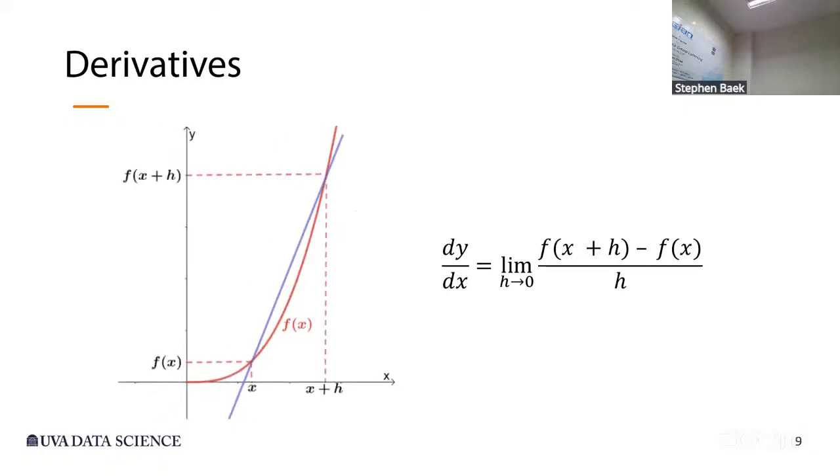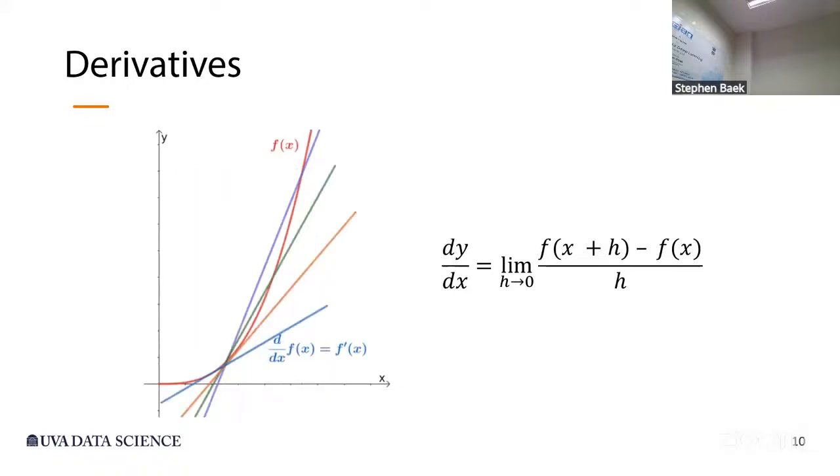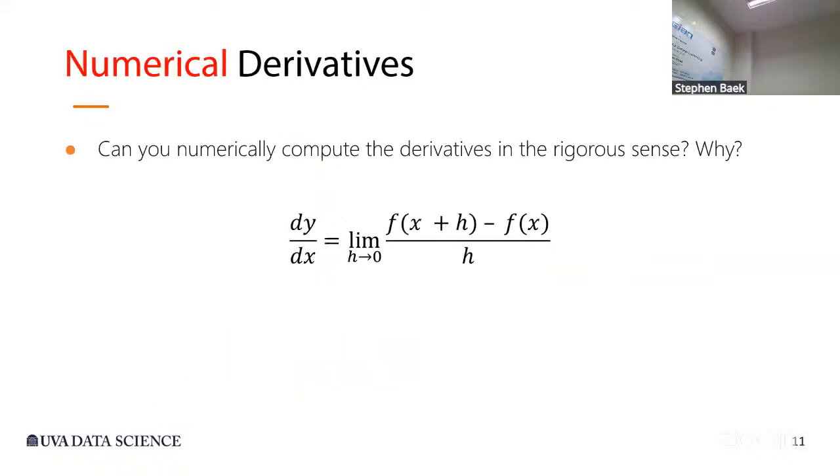As the range h goes to zero, the line will start to approach the one that is tangential to the curve at f(x), and that's how we define derivatives.